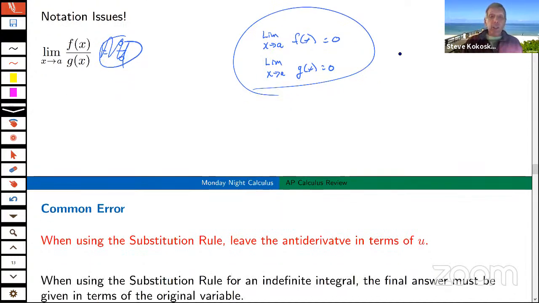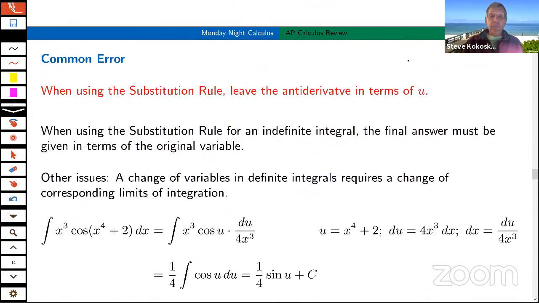And what happens is that students will frequently leave the answer in the u world. So this is an example that I've done down at the bottom here. This is a pretty straightforward u substitution. And again, I do these a little bit differently than some people. This is me walking across that bridge. I'm sort of in the middle between the x and the u world.